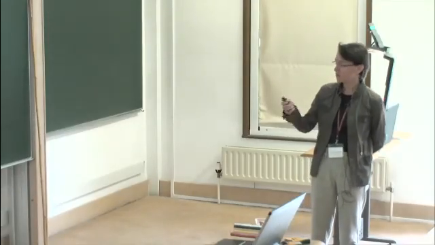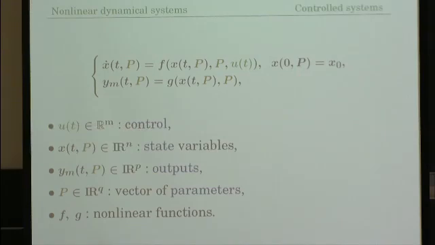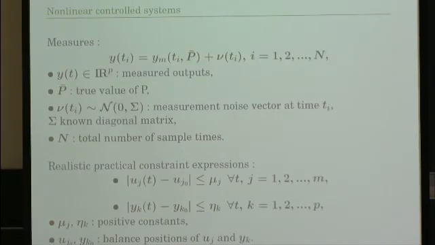We suppose we have some initial conditions given here. The measures are given by these equalities. In these equalities, P bar is supposed to be the true value of the parameters, and the variable nu on Ti are supposed white Gaussian noise random vector with zero mean and a covariance matrix which is known and diagonal.